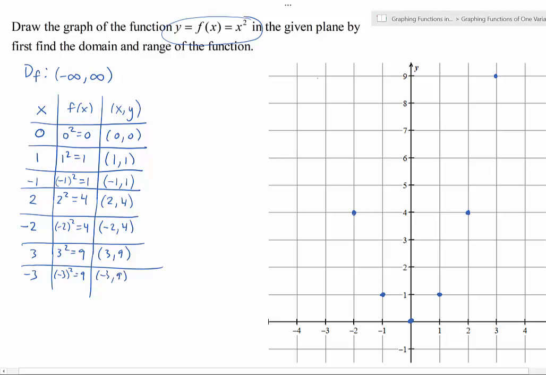(-3, 9). So we start seeing this shape, and you could pick more inputs, obviously, like say 1.5 or -2.3. Then we can guess kind of where these would be based on the behavior of this graph, and that is, as x gets bigger, this graph is going to get bigger.